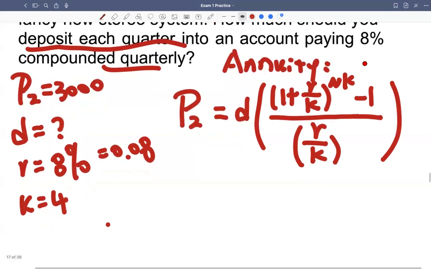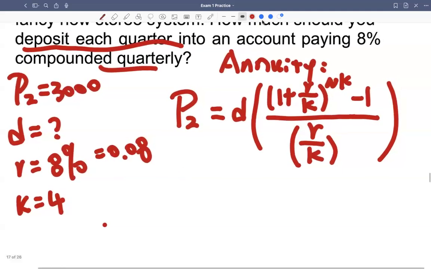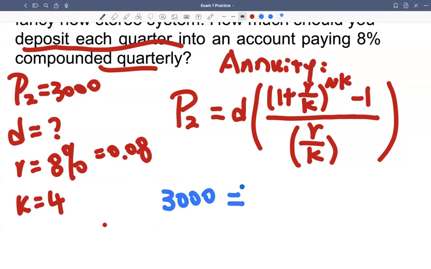So this is the annuity formula. Let's put everything in. So we set up the equation. P2, the future money in 2 years, is how much we wish to have, $3,000. That's our goal. And D, we have no idea.